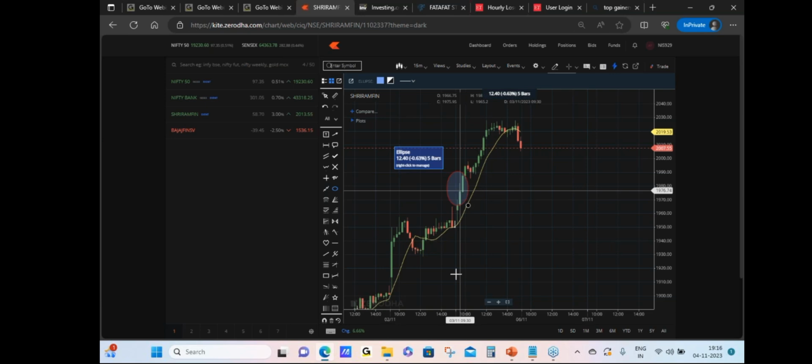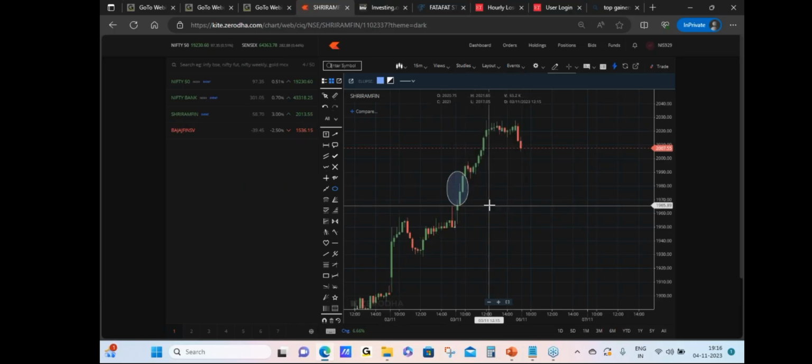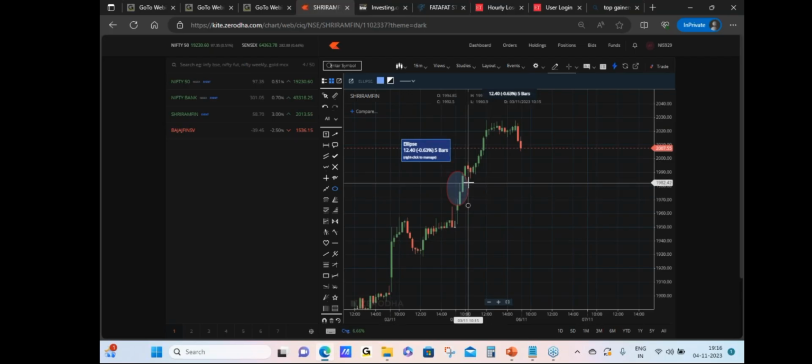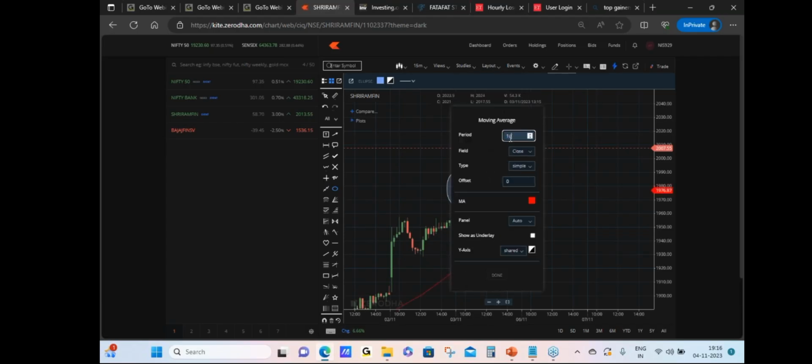If I delete this 10 SMA, then it is very much unclear what to do. You will be very scared. It might come down or not. But as of now, with the help of moving average, you are able to confirm the present trend in the market.